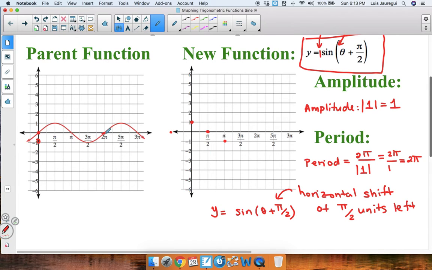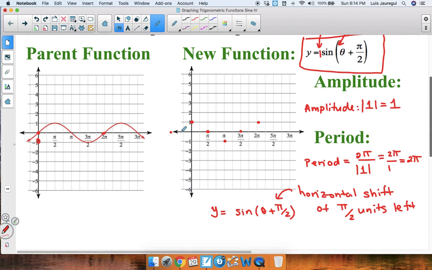Next, you had 2 pi, which had an output of 0. So you take 2 pi, you're going to shift pi over 2 units to the left, and you're going to get your output of 0. Let's do one more value here. If we had 5 pi over 2, your output is 1. So 5 pi over 2, we're going to shift pi over 2 units to the left, and your output is going to be 1.